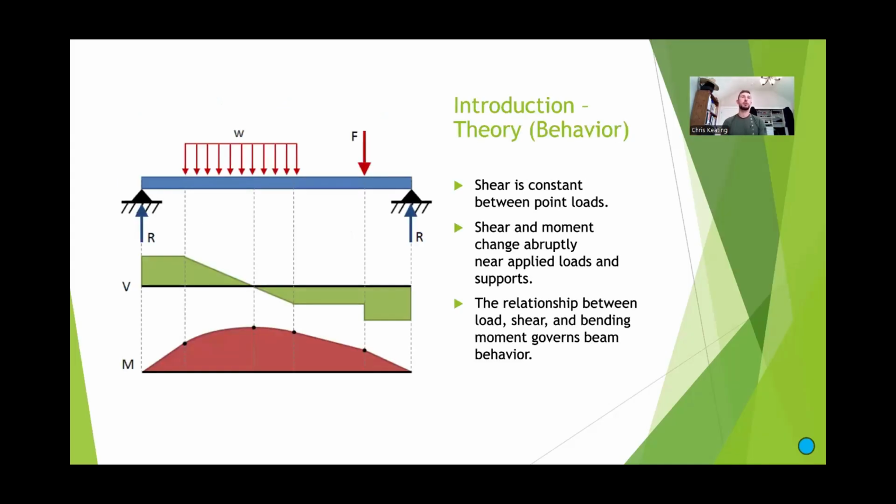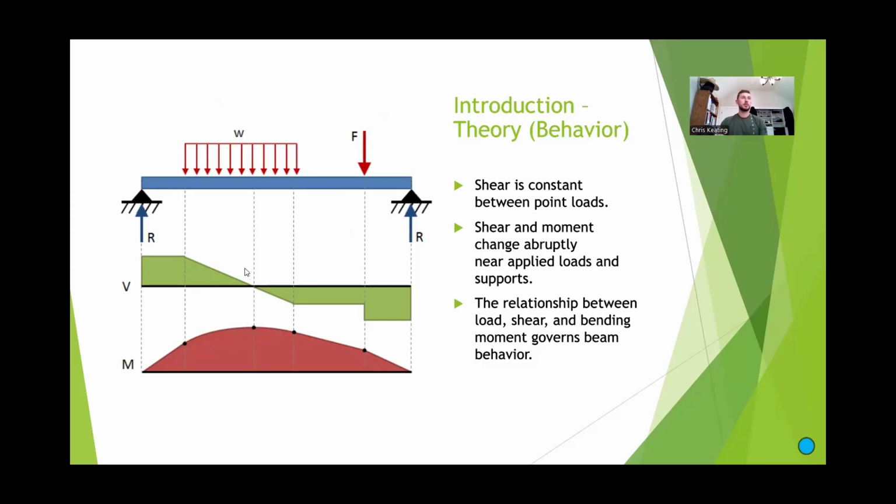So here's an example of how it varies depending on magnitude and position. We have W, a distributed weighted load that's distributed over that distance, and then we have a force that's concentrated. That's going to change how the shear diagram below it in green is going to look.